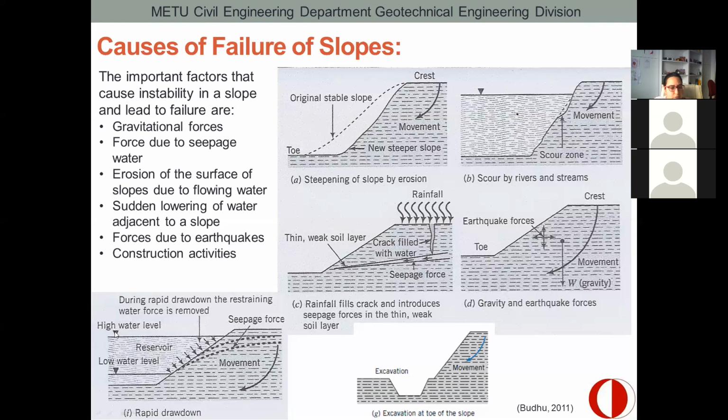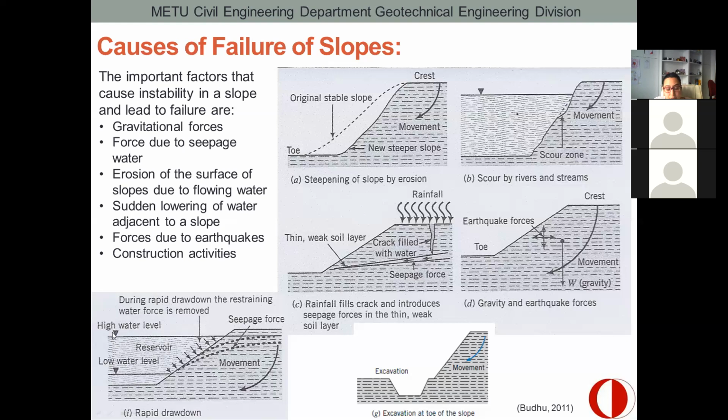Again, here, this is a dam or a water reservoir. And here is the water level for a high rain season. And this is the water level at a low rain season. The change of the water level, for some reason, is called the rapid drawdown.